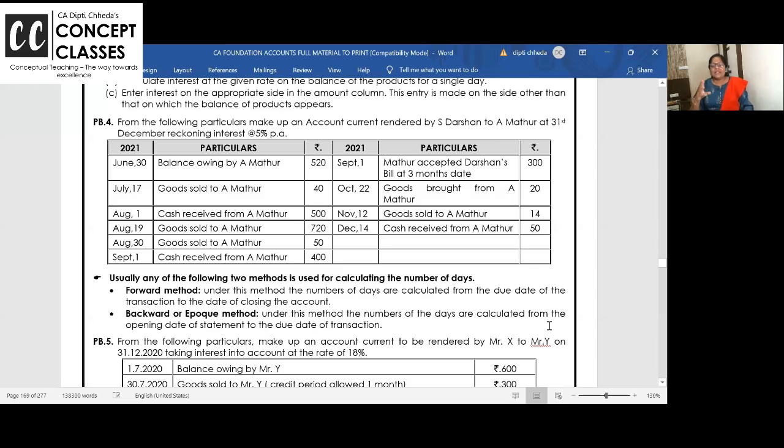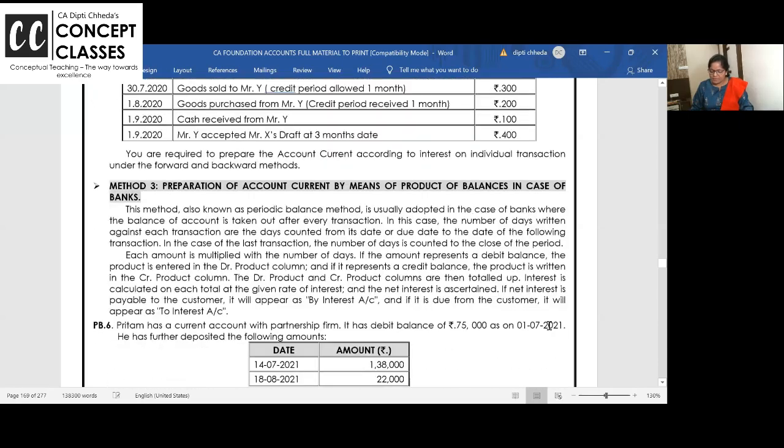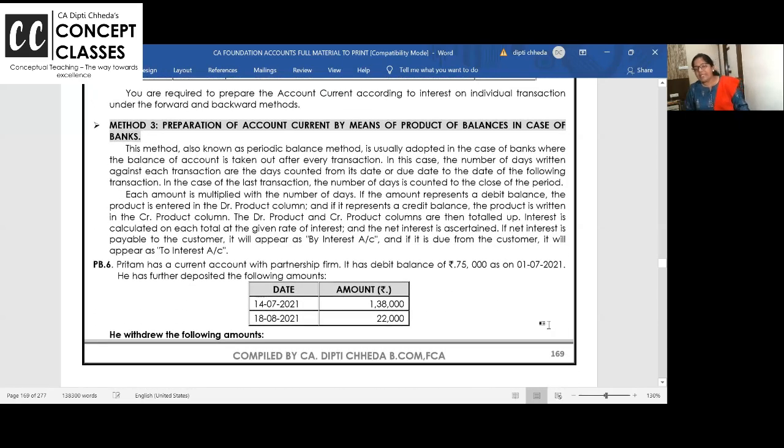We have done the interest method, the product method, and now the product of balance method. Let us start with the product of balance method. This is mainly used where every day the product and the balances are calculated. This method is also known as periodic.